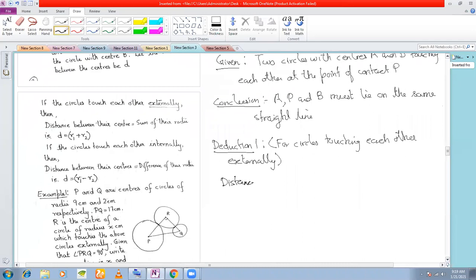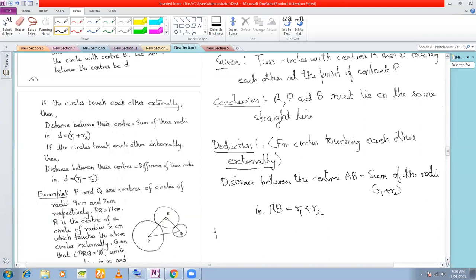AB equals R1 plus R2, for two circles touching each other externally. Remember, this is only for externally. Deduction number two.